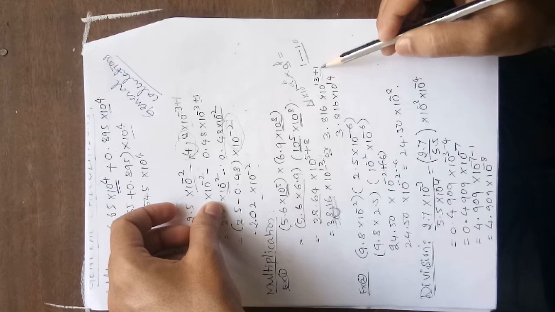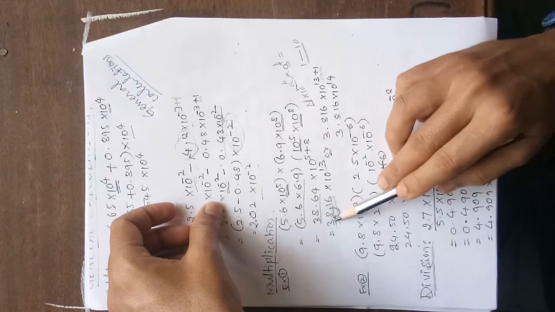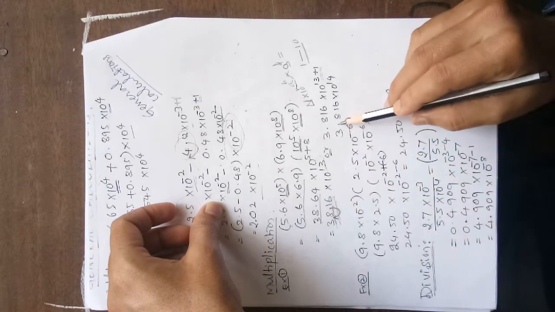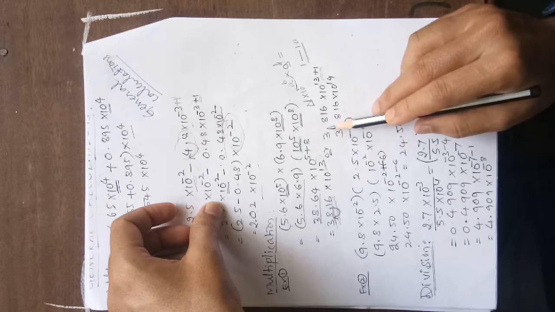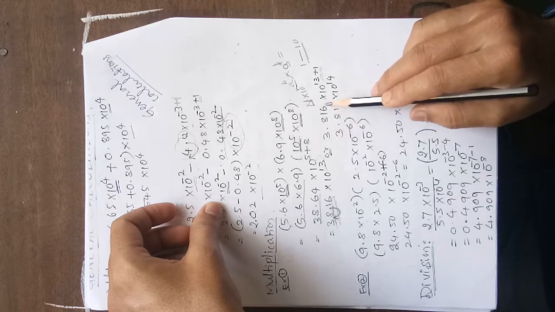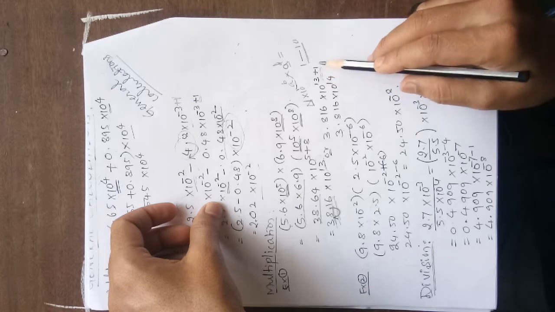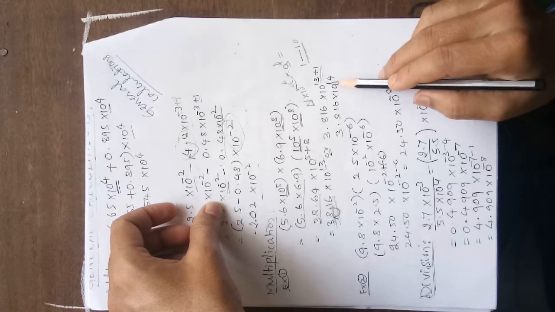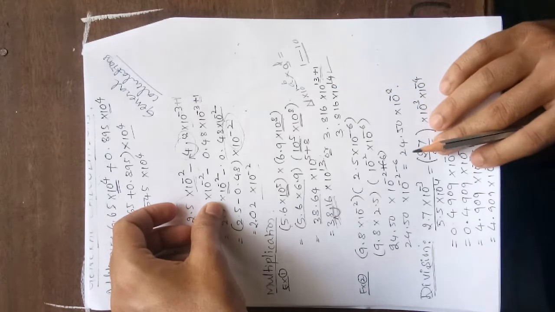Now the decimal point moved back, so that would be 3.816 into 10 raised to 13 plus 1. Now by adding these two we get 14. This is one case.